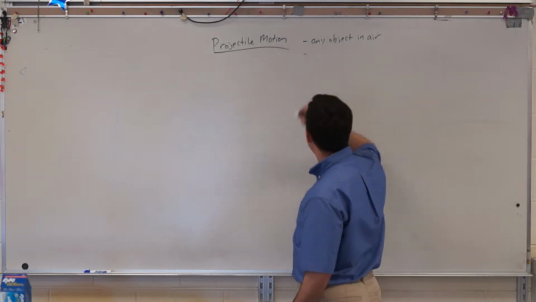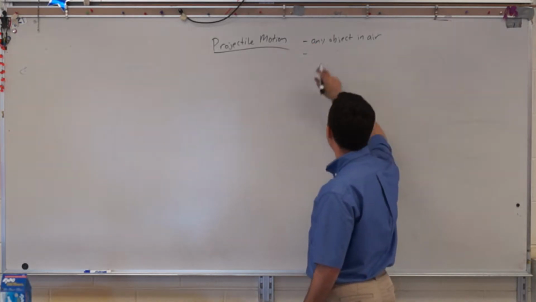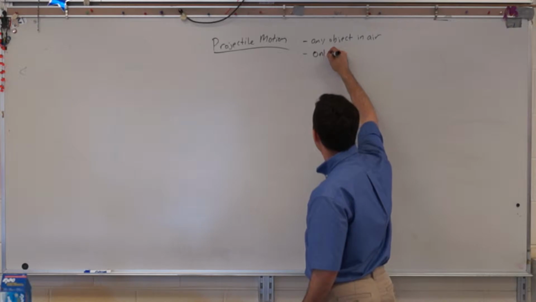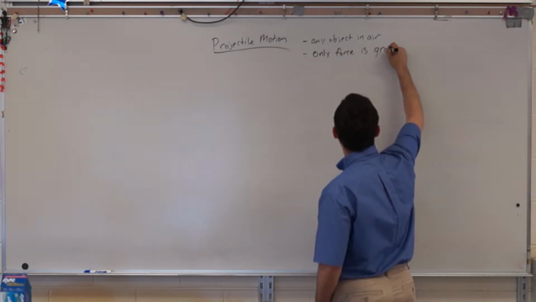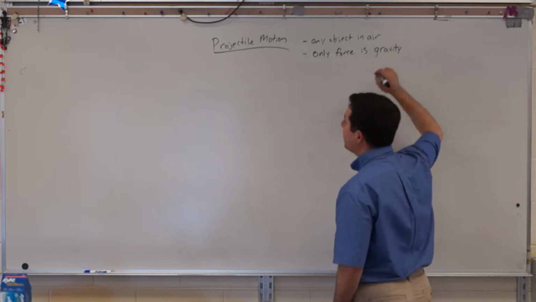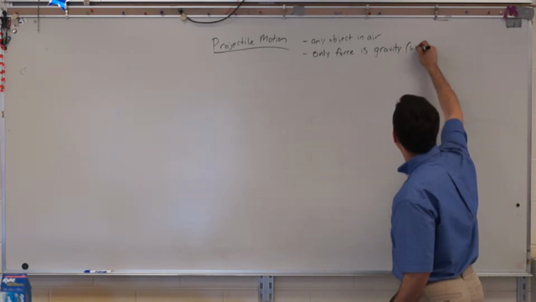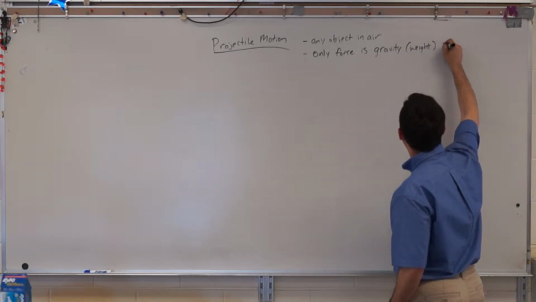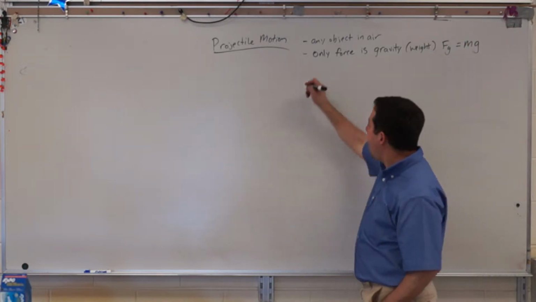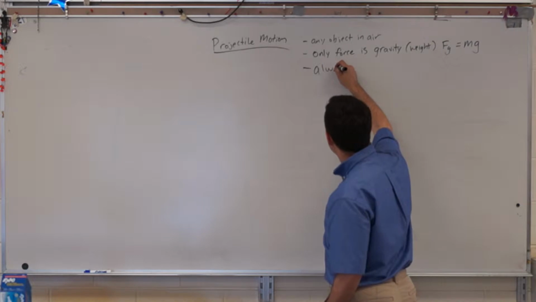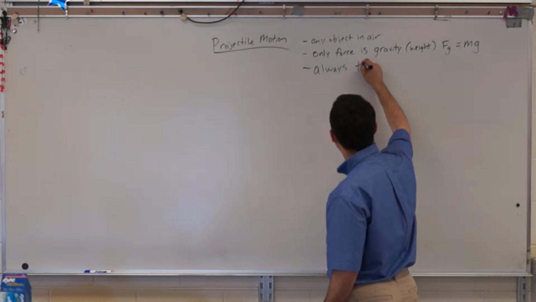Couple things to keep in mind also. For an object in the air, the only force is gravity, aka the object's weight, F sub g, which is equal to mg. And it's always there.